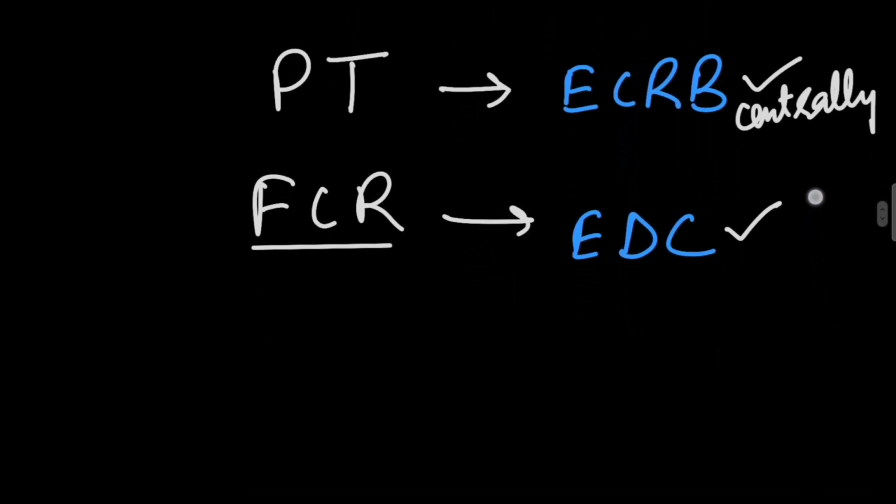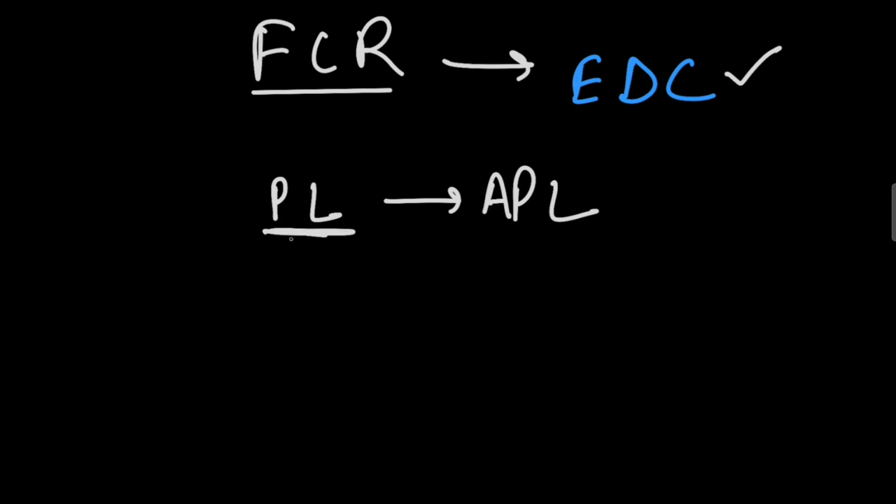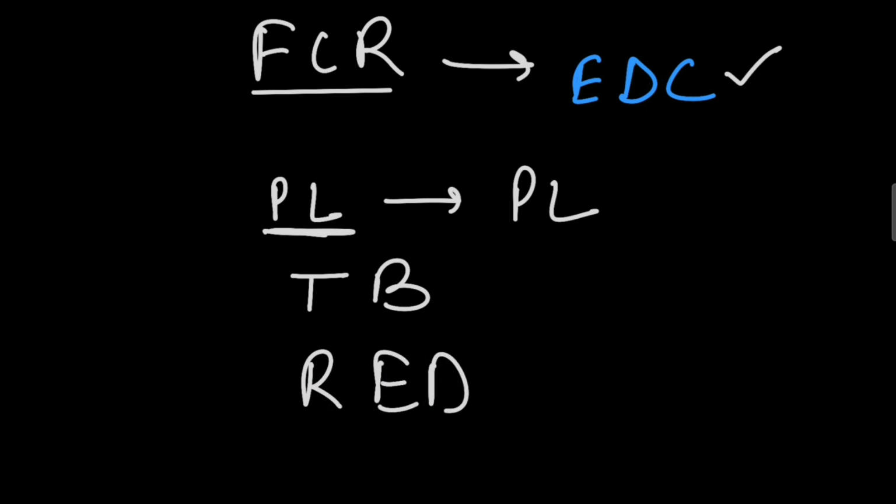Now a little mnemonic for you guys to remember this transfer. It is a very simple mnemonic. The first transfer is very simple. It is PL, meaning palmaris longus in place for APL. Okay, so first is PL. Second, the mnemonic goes by TB, red. TB means pronator teres for extensor carpi radialis brevis. Okay, PT for ECRB.